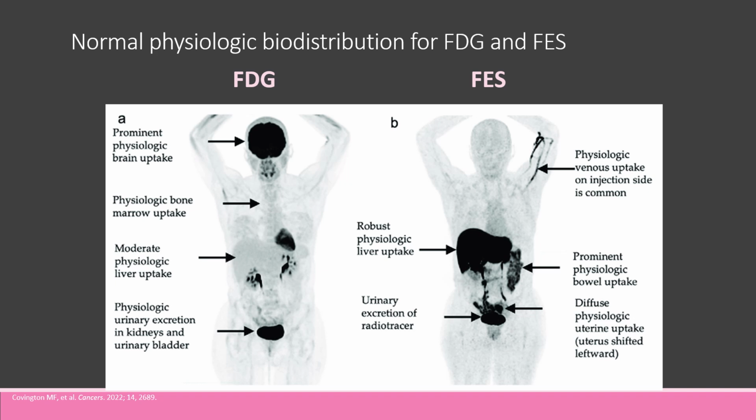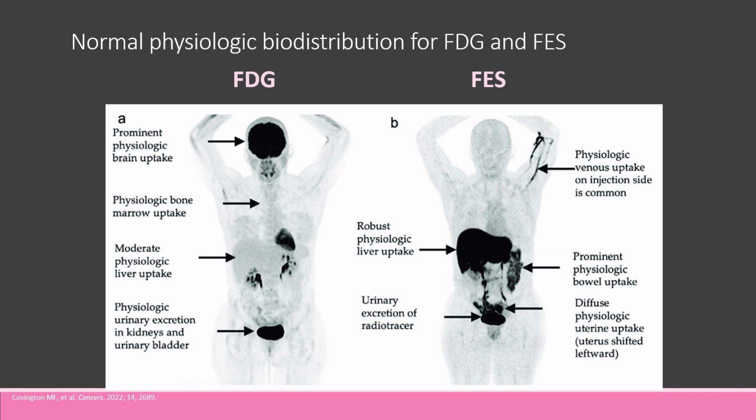So this is showing you normal physiologic distribution for FDG and FES, because most technologists who have been working with oncologic PET imaging are very familiar with the uptake of FDG. You'll notice that FES is different. First of all, the brain activity that's seen in FDG is not present in FES.